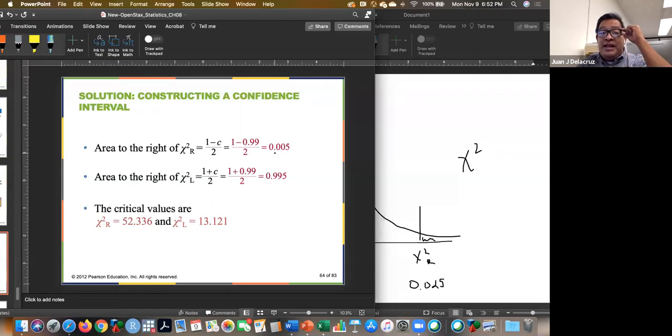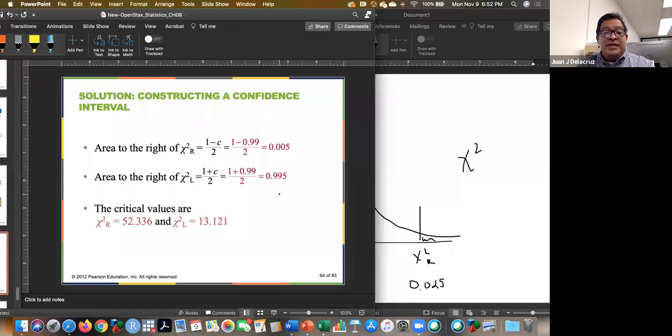The value that I'm going to find in the table is 0.005. On the other hand, I'm going to find the area to the right of the chi-square left, so I add 1 plus 0.99 divided by 2. So I'm going to use 0.995.